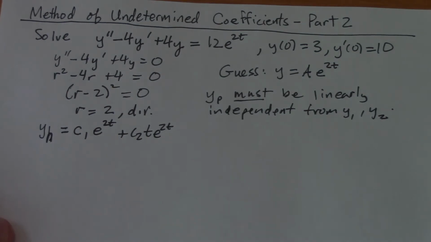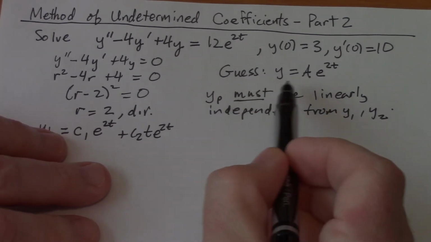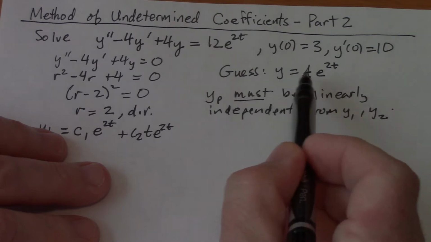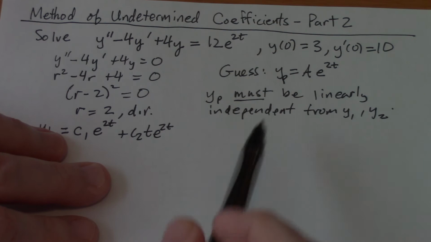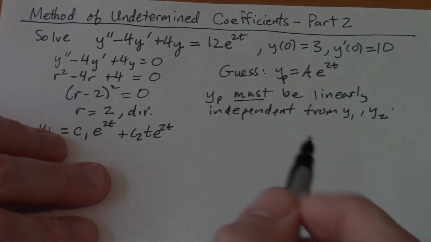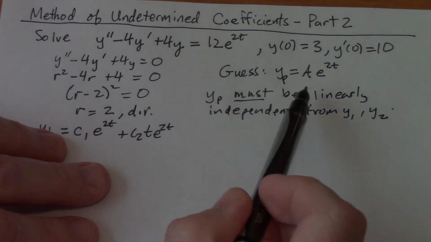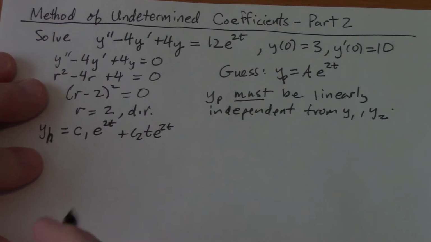And one of the things I've loved to do in the past to torture my students is to start off with this guess and not tell them all of this information, to have them figure out what a is. And what happens is they substitute, they find yp prime and yp double prime, and they end up getting 0. They end up getting 12 e to the 2t equals 0. That's because a e to the 2t is the same thing as c1 e to the 2t, which is a homogeneous solution, which it makes sense that when you substitute it in, you get 0.